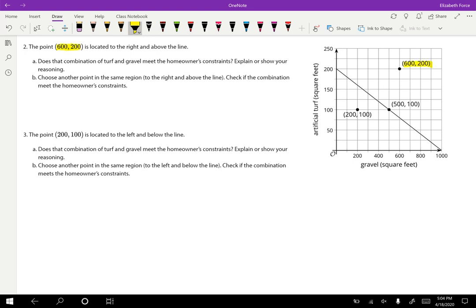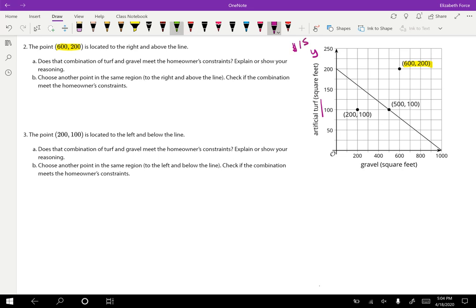So right here. Part A is asking, does the combination of turf and gravel meet the homeowner's constraints? Explain or show your reasoning. I just want to make a little mark that the turf, which is on your y-axis, was pretty expensive. Our turf is at $15 per square foot.